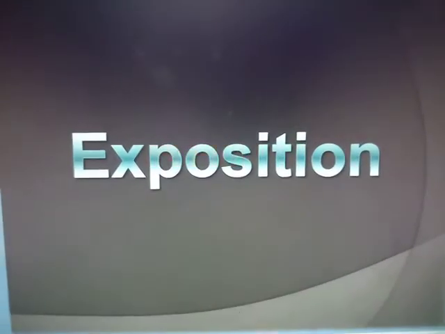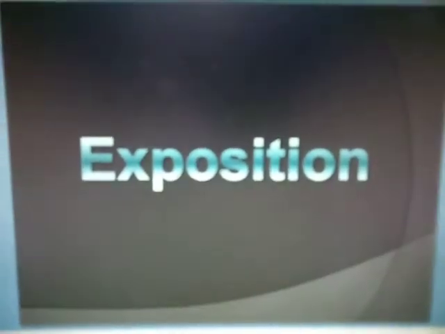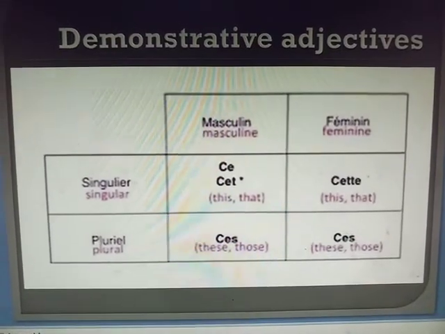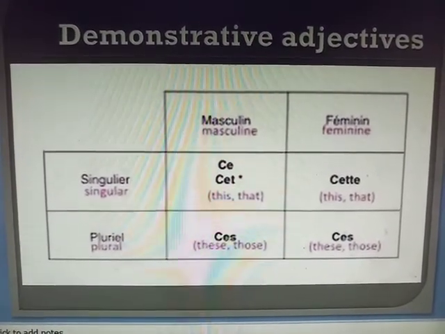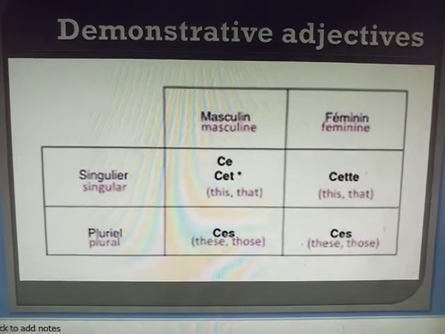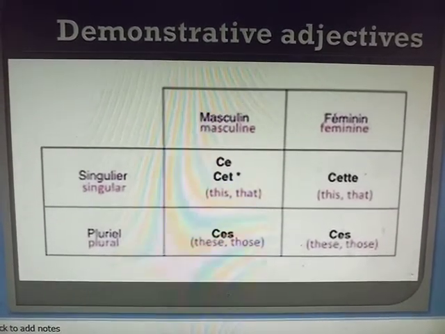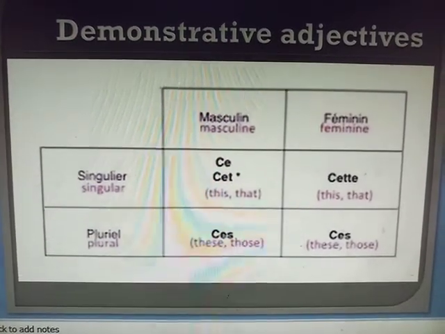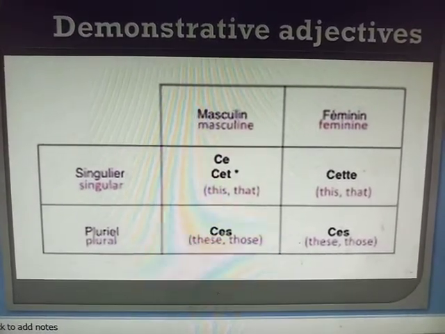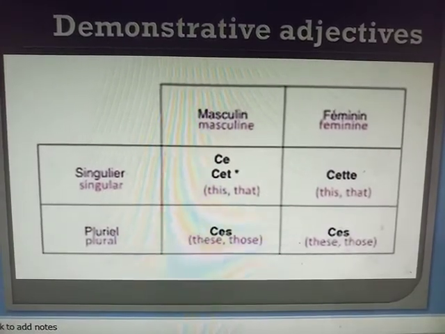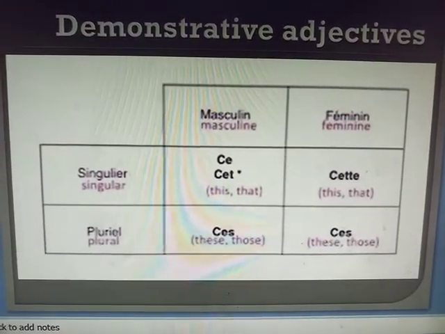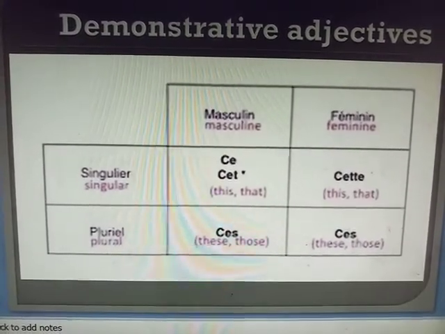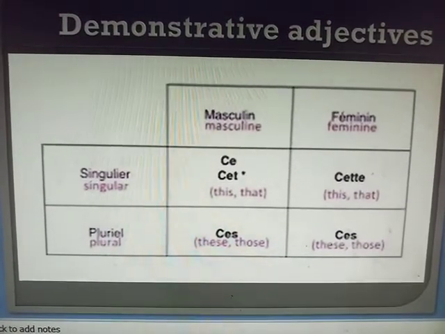Now let's take a look at the demonstrative adjectives in French. These are the French demonstrative adjectives. The masculine singular is ce or cet. Cet is used if the noun begins with a vowel or a vowel sound, that is, a silent H. Otherwise, if the noun is masculine singular, the demonstrative adjective is ce.